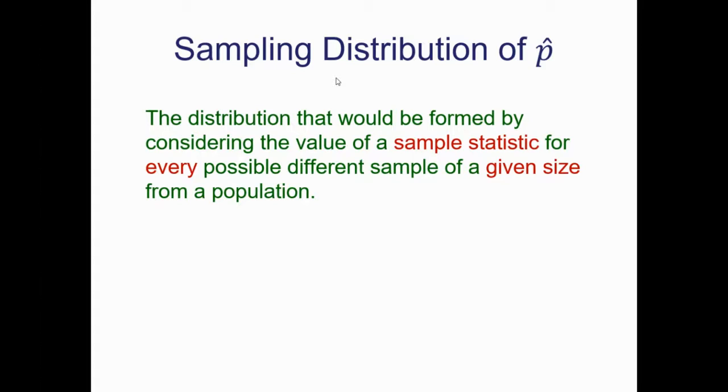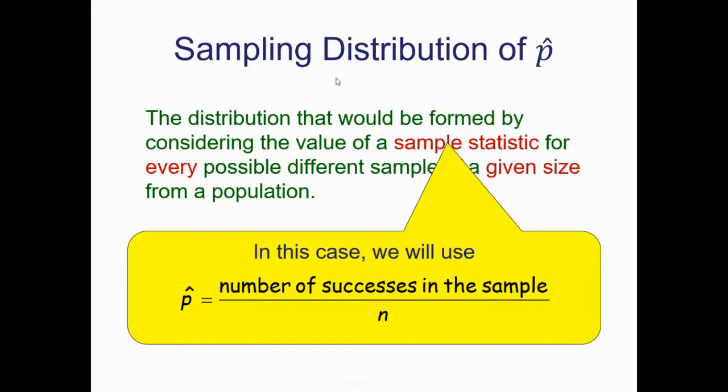That's our definition. And p hat, as we just saw in the activity, is the number of successes in the sample divided by n, our sample size. Is n always going to be sample size? Lowercase n, yes. Uppercase N is population.